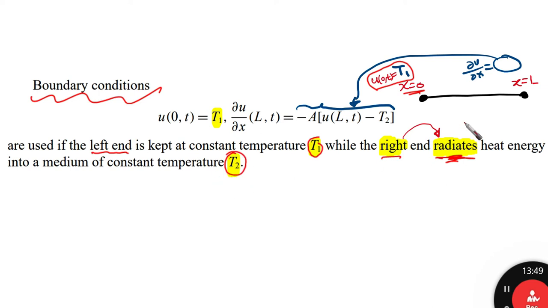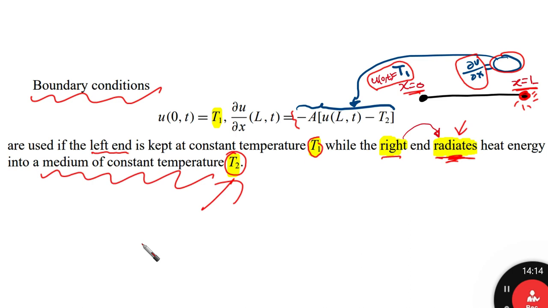This means that at x equal to L, this end is radiating energy, so partial u partial x should equal minus a times u of L and t minus T2, where T2 is the constant temperature of the medium.